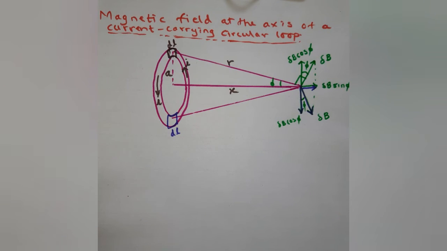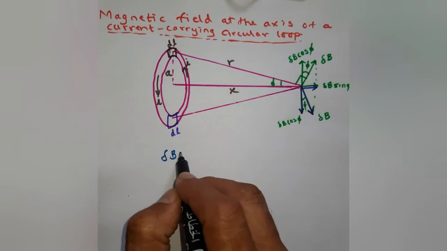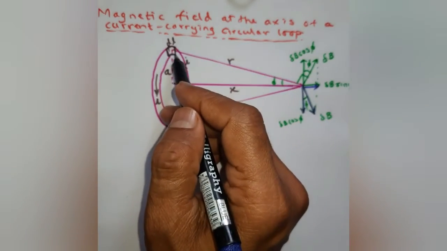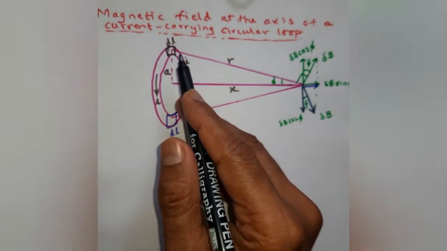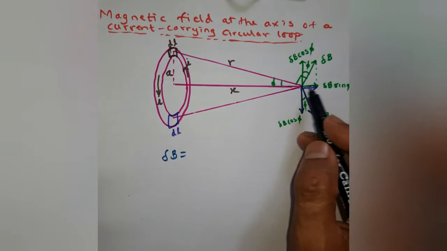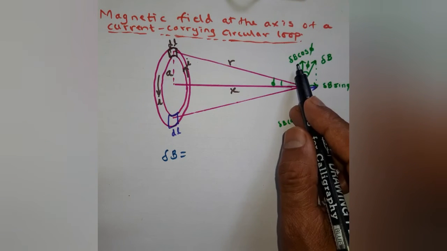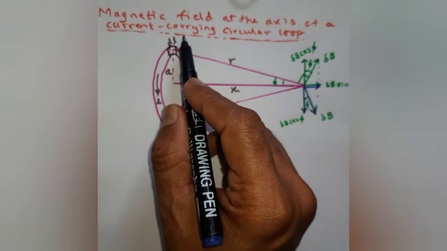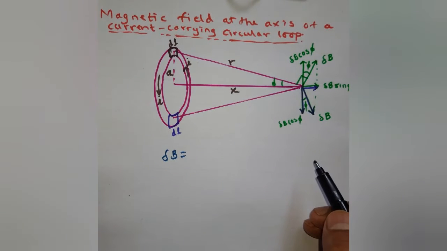So how we will move ahead is, first we'll find dB or delta B with respect to this particular element, delta L. I resolved the component into delta B sin phi and delta B cos phi. If you look from here, I showed you the angle over here is a right angle, so my angle is 90 degrees.